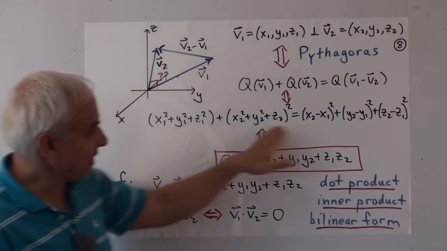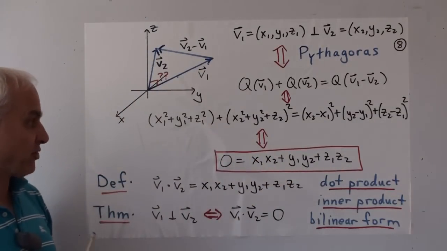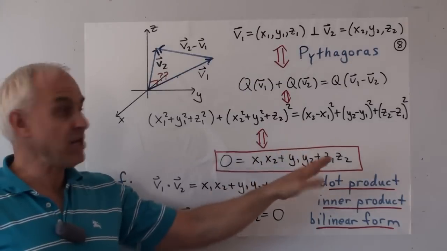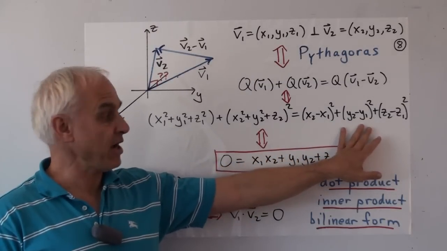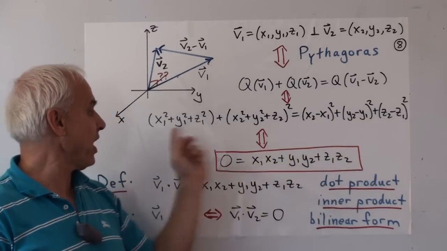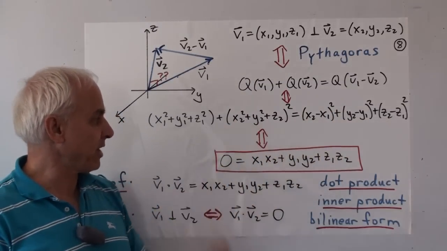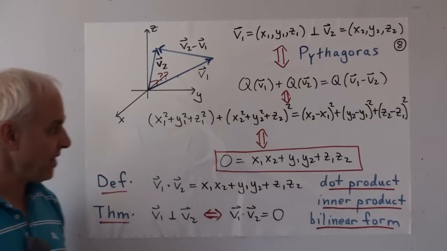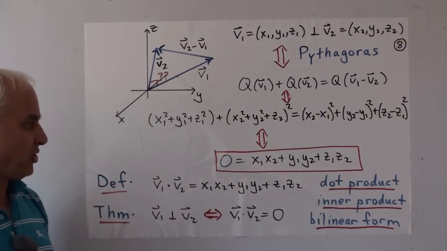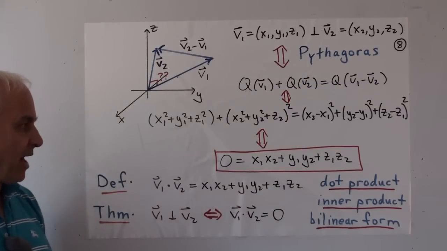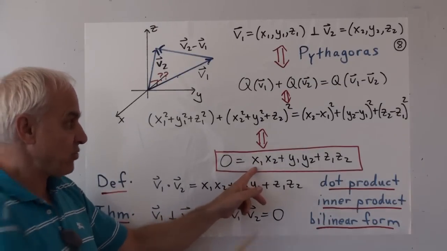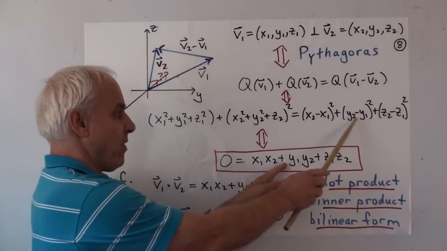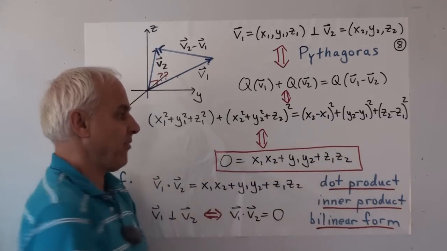So fortunately, this equation appears rather long here, but there's a lot of cancellation once you expand the right-hand side. Because the x1 squared will cancel with that, and the x2 squared will cancel with that. The only thing that will be left on this side, after you divide by 2 and maybe take out a minus sign, is the expression x1 times x2 plus y1 times y2 plus z1 times z2.